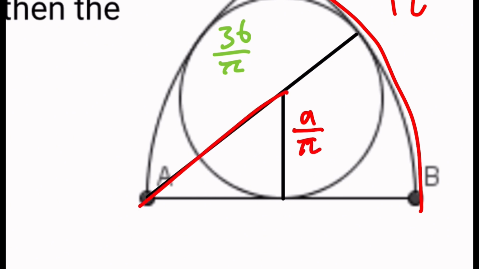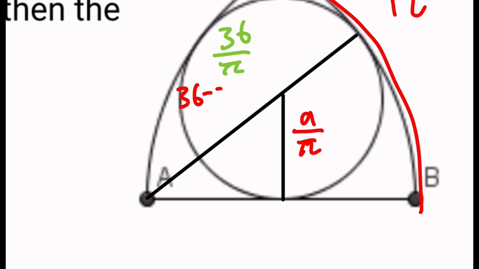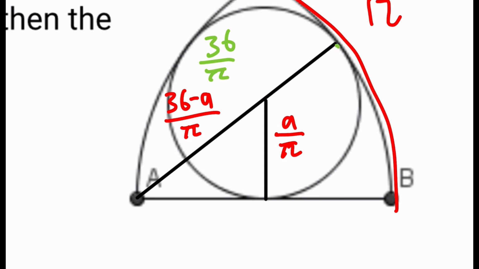Then this much would be 36 minus a over pi, correct? Because the whole thing is 36 over pi, and this much is a over pi. And since AB is also 36 over pi, but this is the midpoint, that length will be 18 over pi, right?